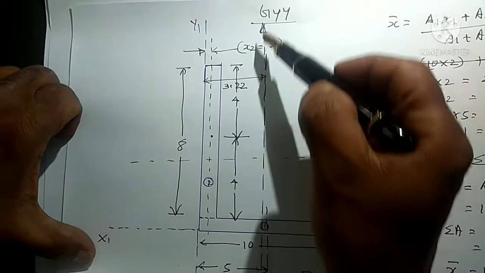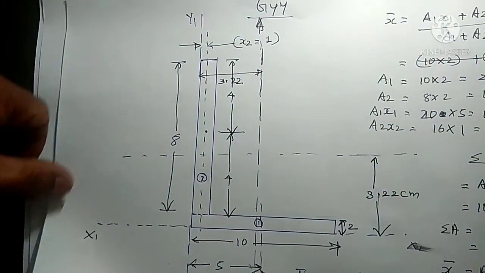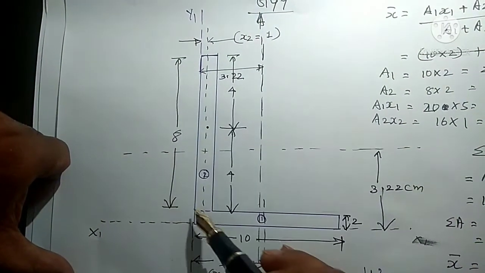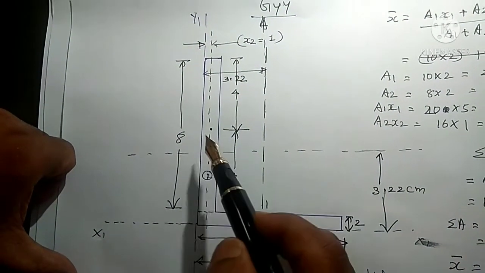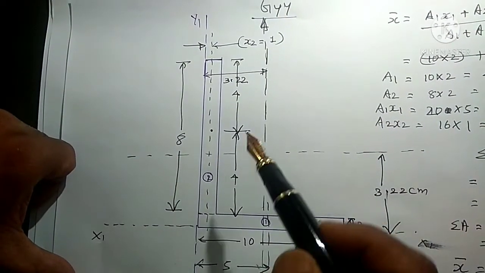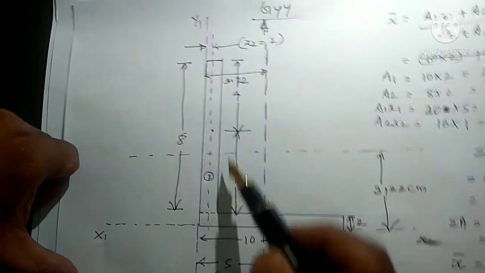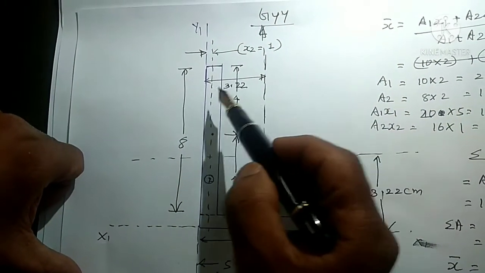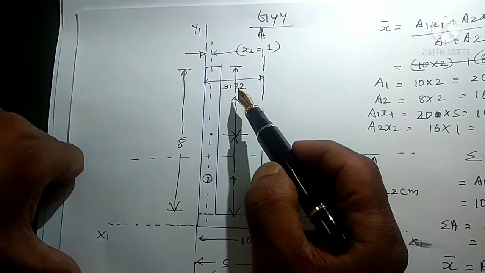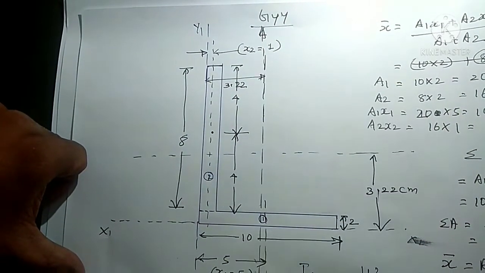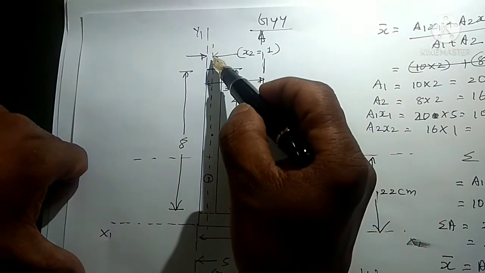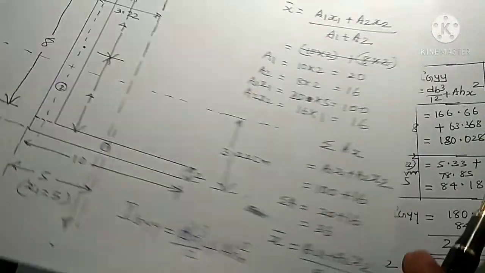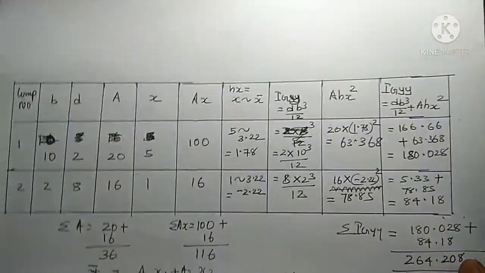IGYY is equal to moment of inertia of individual component about its centroidal axis plus area of that component into square of distance between the reference axis considered as well as the centroidal axis of that individual component. So always keep that concept in your mind.